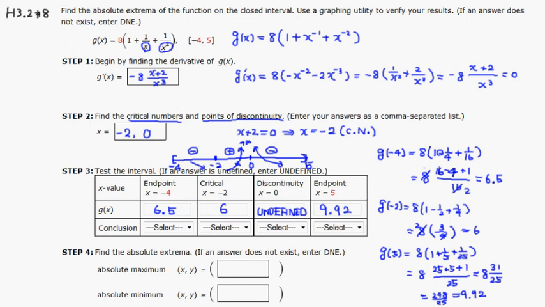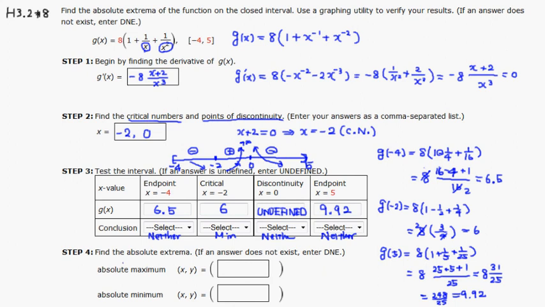The lowest point is probably here or at 5, but at 5 it's 9.92, which is bigger than 6. So this is going to be the minimum, and of course this is undefined, so this is going to be neither, and this is going to be neither.